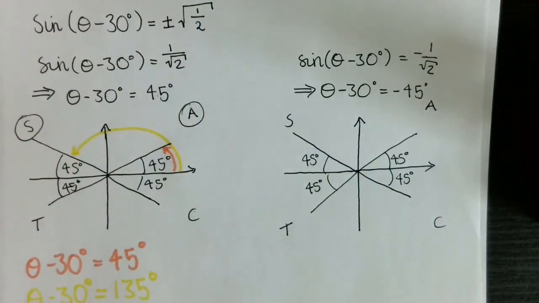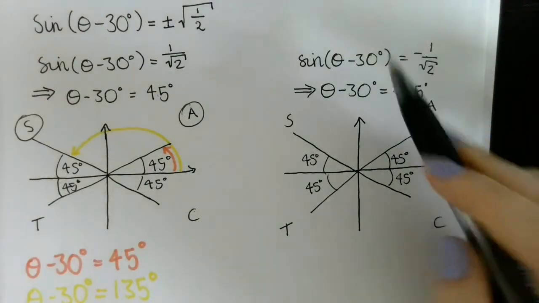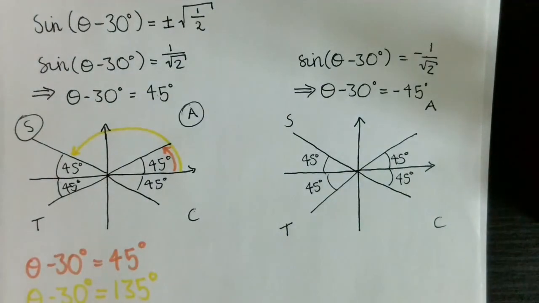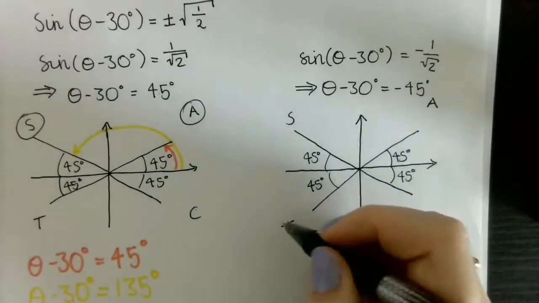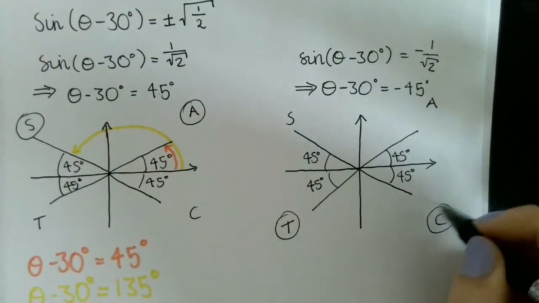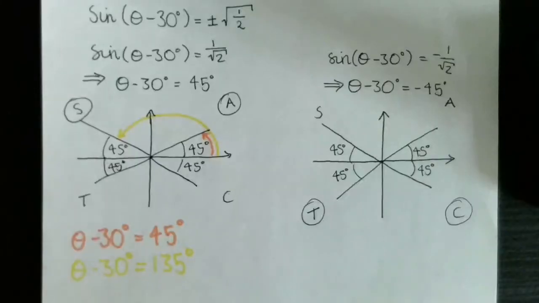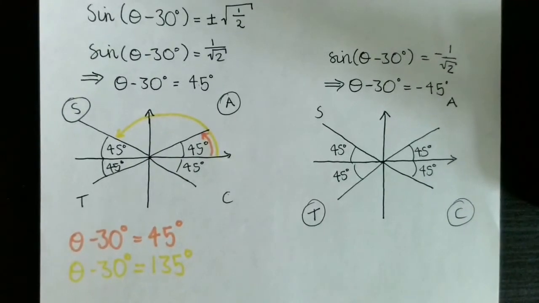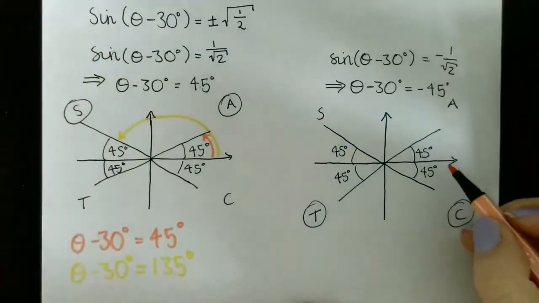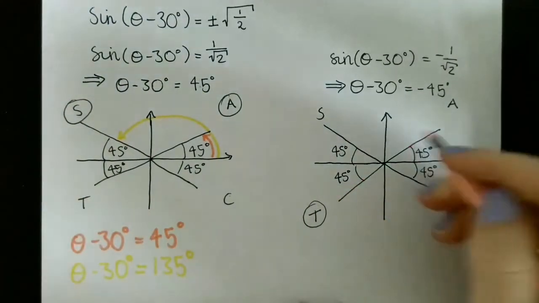And we're looking at when sine of theta minus 30 is equal to negative 1 over root 2. So we want to find out where sine is negative. That is in these two quadrants here. So we're going to go round our CAST diagram until we meet the angle in those two quadrants.